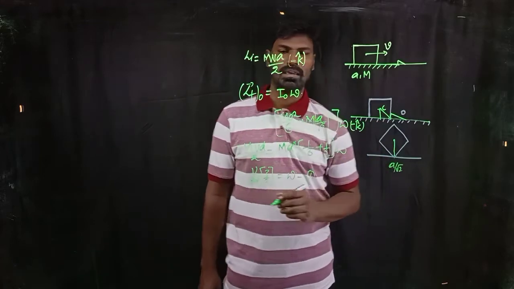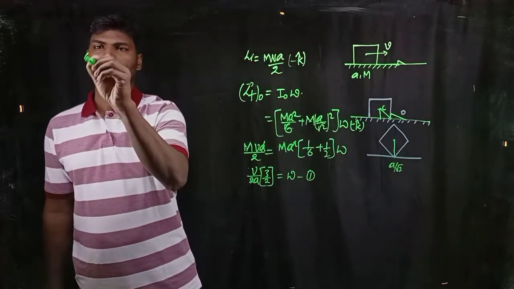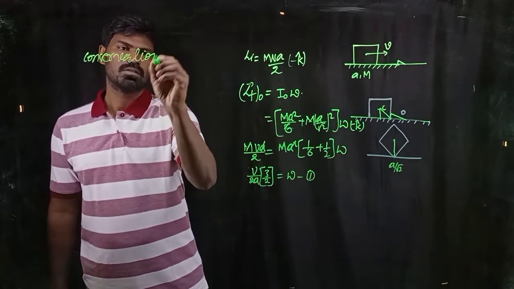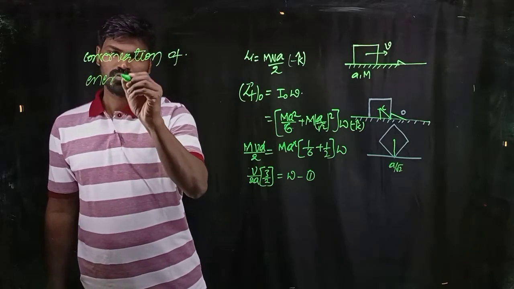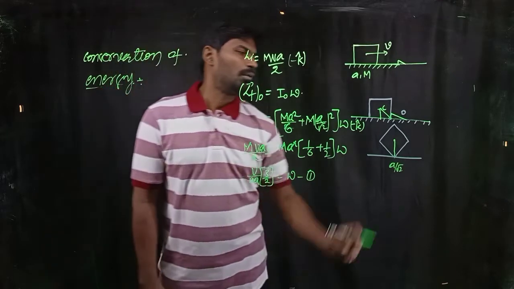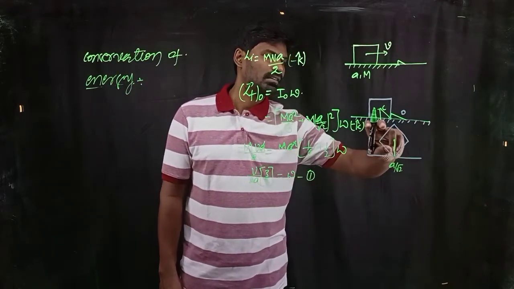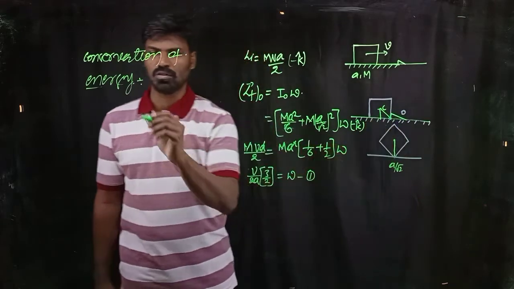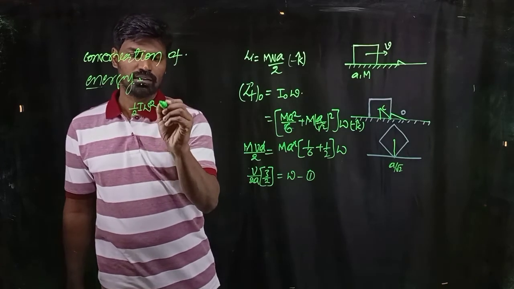Now at this instant, applying conservation of energy. Before it is tipping over, what is the total energy? When it is tipping over, it is under pure rotatory motion, so half I_O omega square.